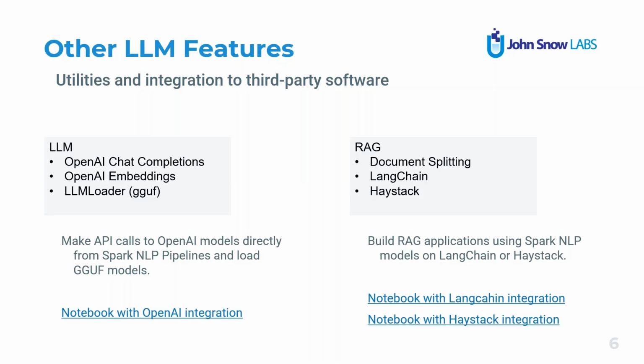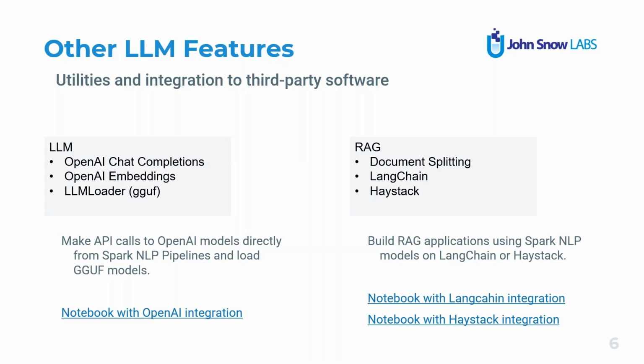This LLM loader works a little bit differently than the other ones that are applied inside the pipeline. With LLM loader, you load the LLM and you can query it directly without creating pipelines. And then we have notebook examples that you can check in our workshop repository on how to work with those directly.